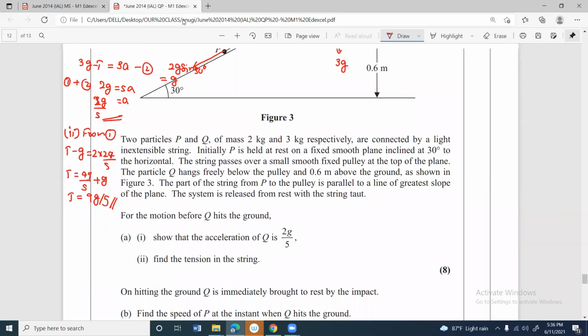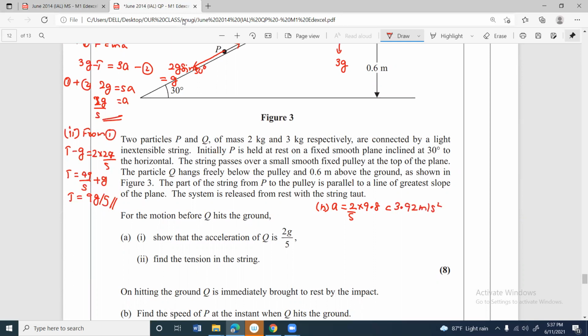I'll just write the answer part B over here. The acceleration is 2 over 5 g, with g as 9.8. So the acceleration is 3.92 meters per square second.